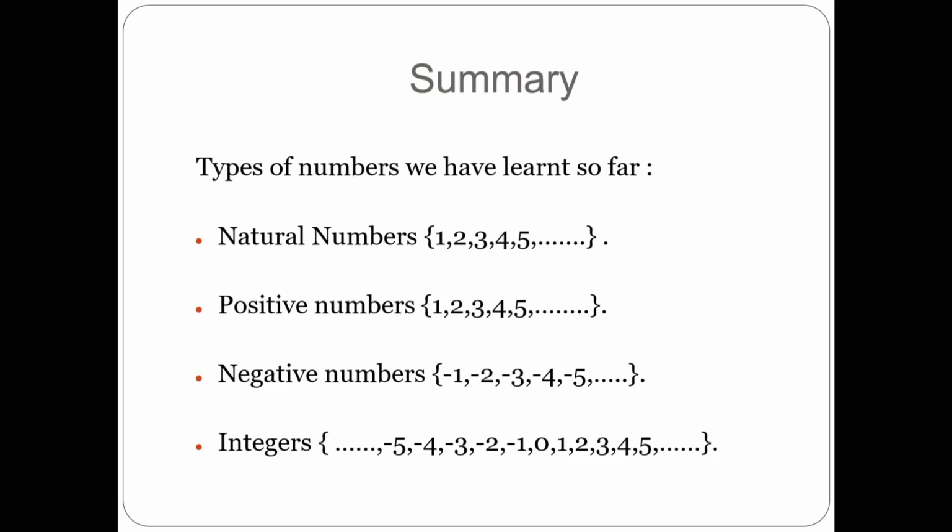So in summarized form, you can see all types of numbers written as sets. Natural numbers can be written as 1, 2, 3, 4, 5, 6, 7, all counting numbers and so on. Positive numbers 1, 2, 3, 4, 5, 6, 7 and so on. Negative numbers -1, -2, -3, -4, -5 and so on.